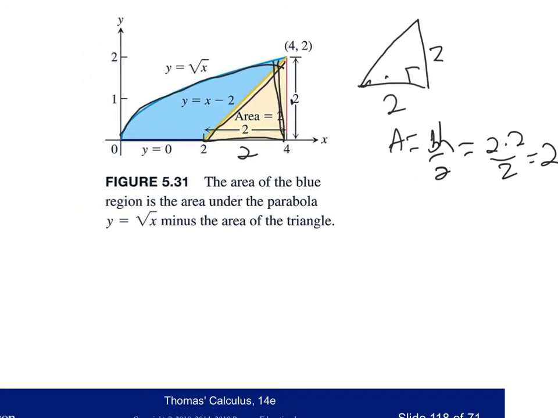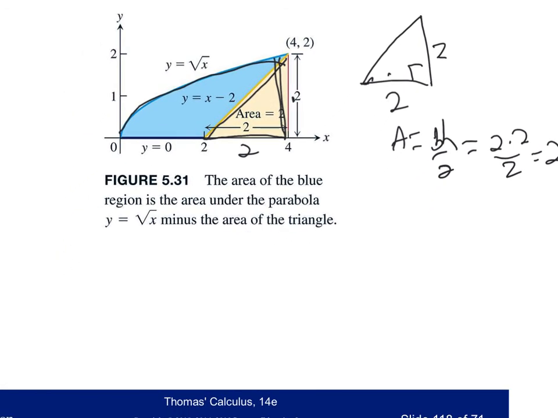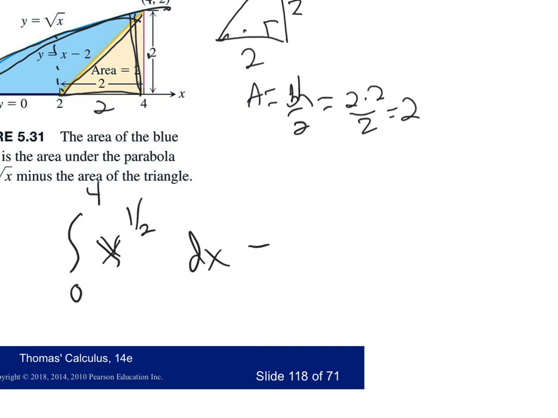And so instead of dividing it up into 2 regions, which I did before, I could do the whole region from 0 to 4 of just the square root of x. Take that answer and subtract my area of that triangle, because it is a perfect right triangle. So that would be the 1/2 times 2 times 2.